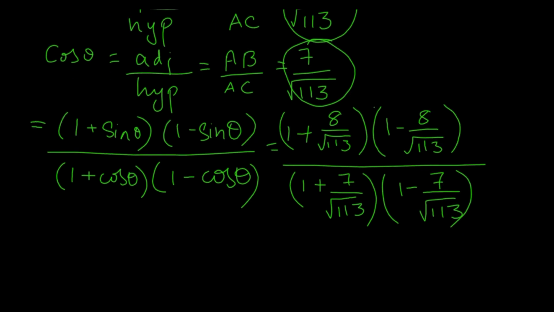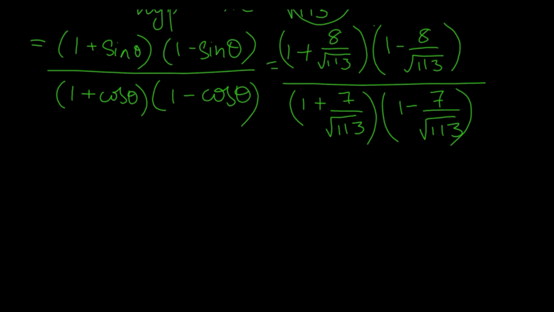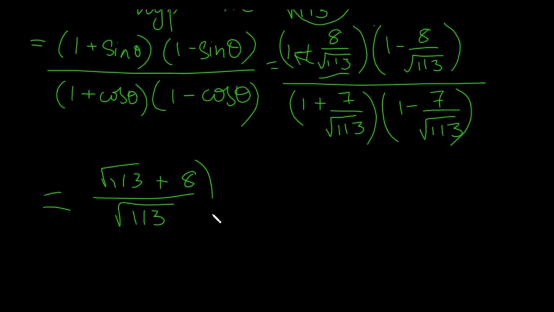Now let's evaluate this equation further. We have to take the LCM, which is going to be root 113, so we write it anew. Cross multiplying 1 into root 113, it is going to be (root 113 plus 8) divided by root 113, and the same goes with the other term, (root 113 minus 8) divided by root 113.